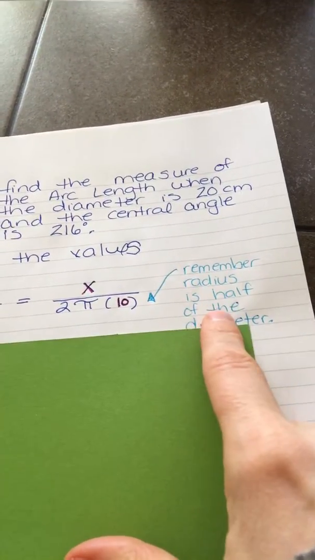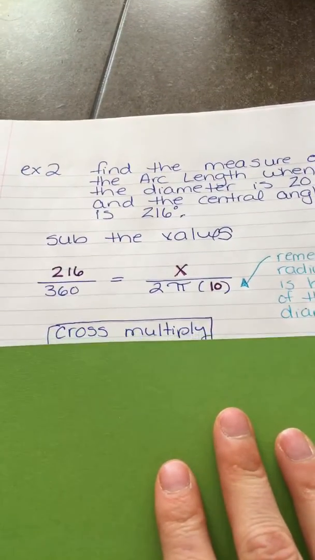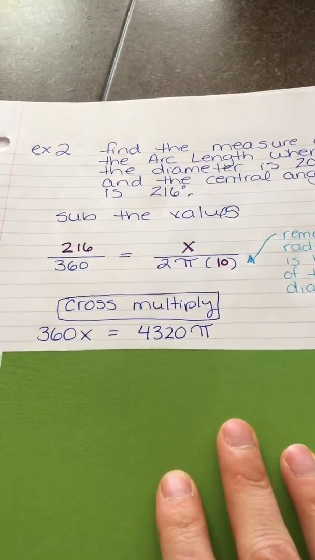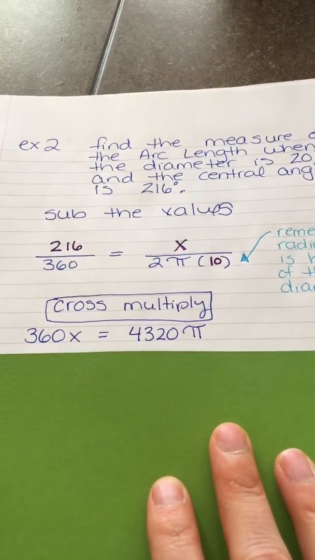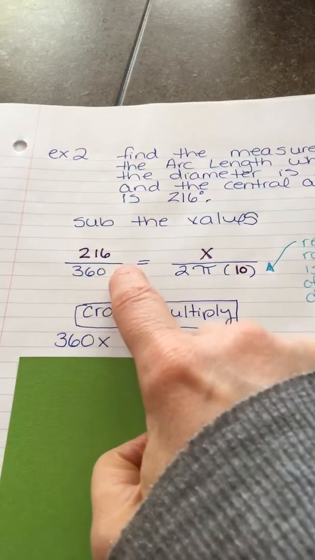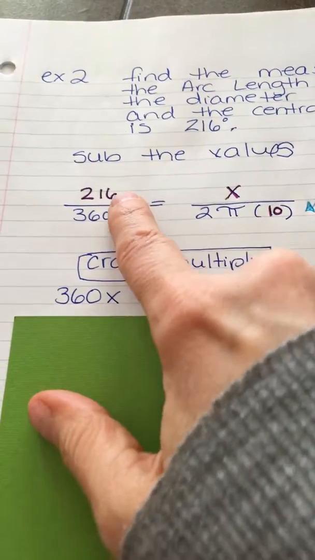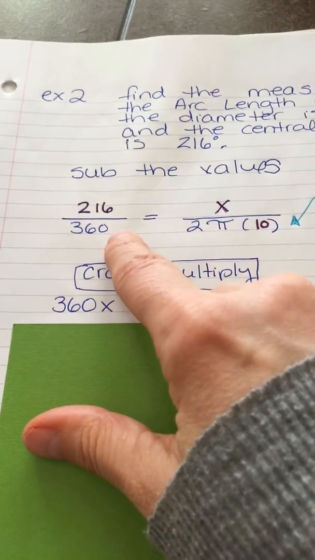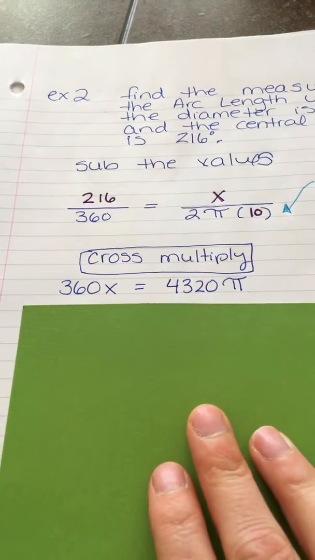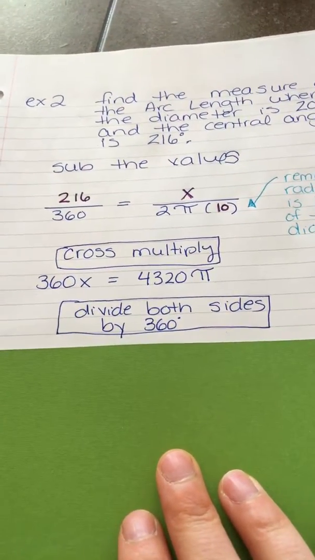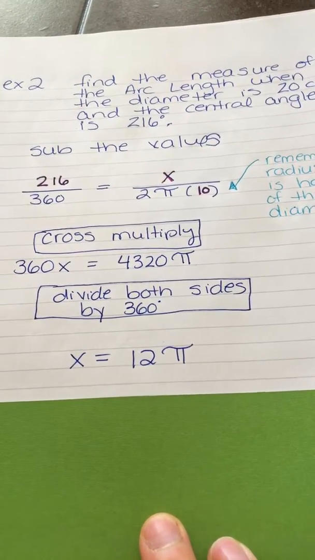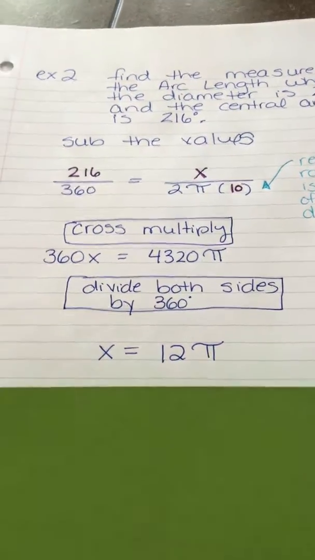So remember that the radius is half of the diameter. So now let's cross multiply. And we get 360x equals 4,320. And I'm doing it this way to see, let's say that I don't know if this reduces, but it does because 216 is an even number, 360 is an even number. Okay, divide both sides by 360, and we find that the arc length is 2 pi radians.